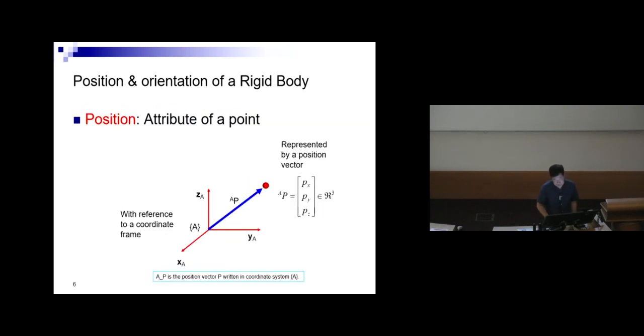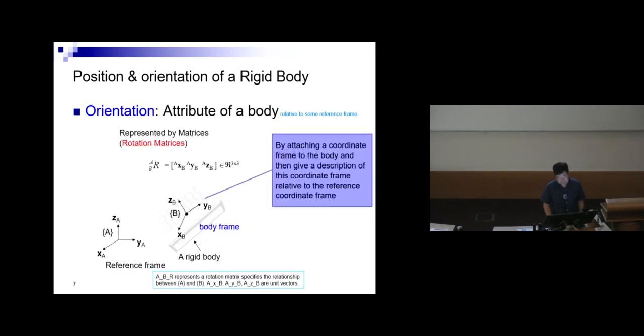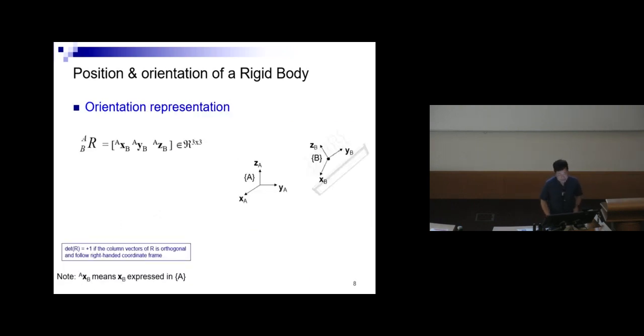A lot of the time, if you look at this position vector itself, we use a column vector to represent a point. And then we have this ABR, AXB, AYB, AZB belonging to the set of 3 by 3. To quantify this as a representative matrix, the AXB, AYB, and AZB have to be orthogonal unit vectors.